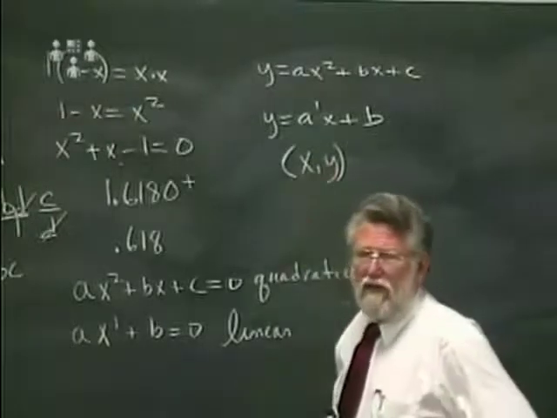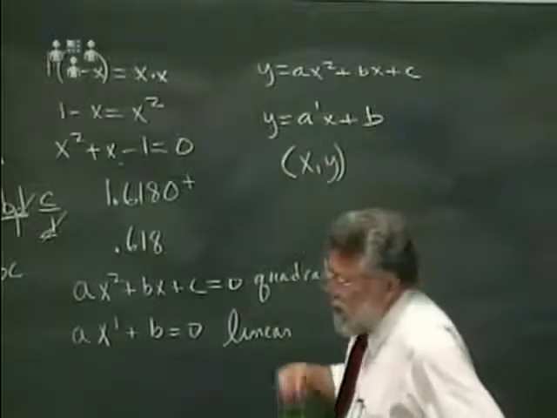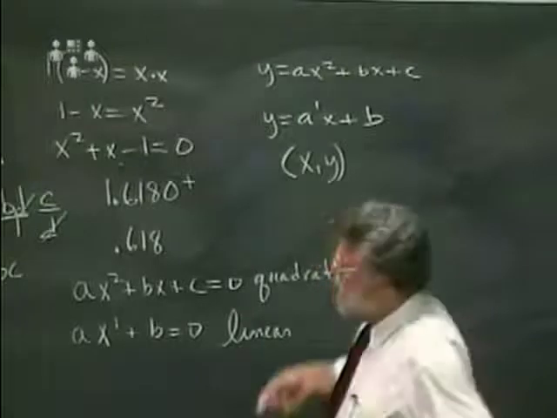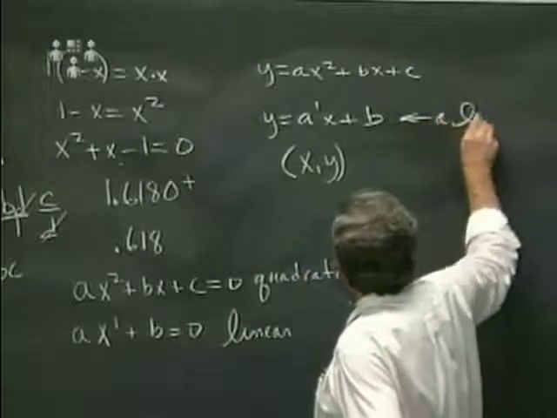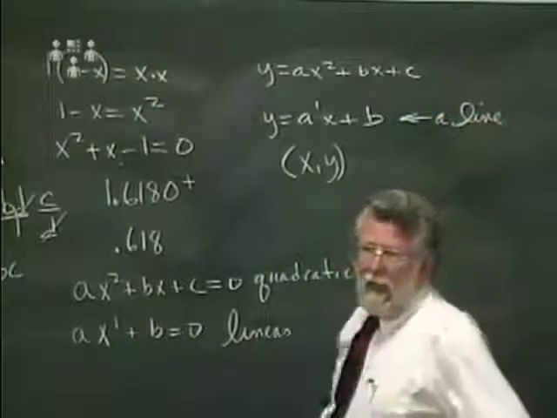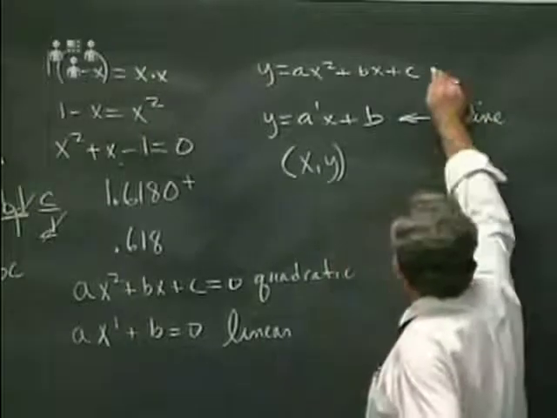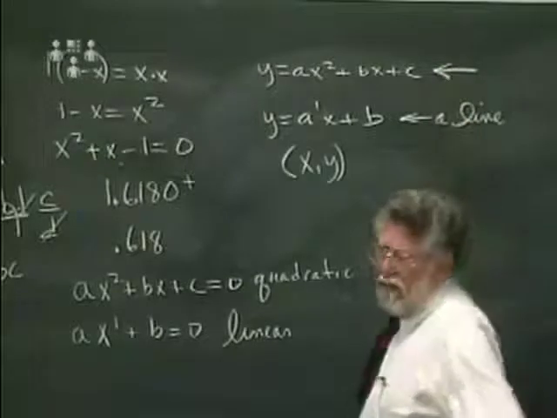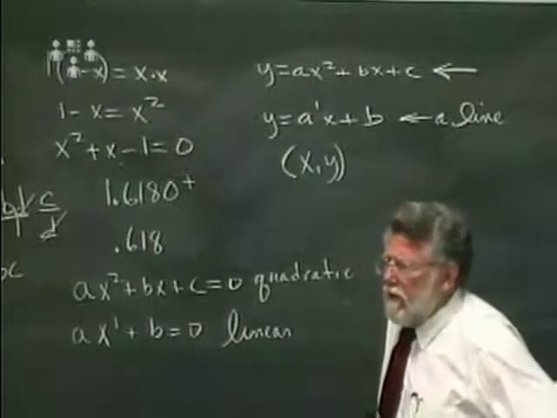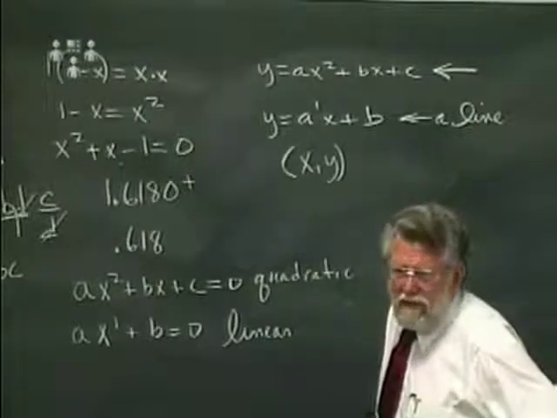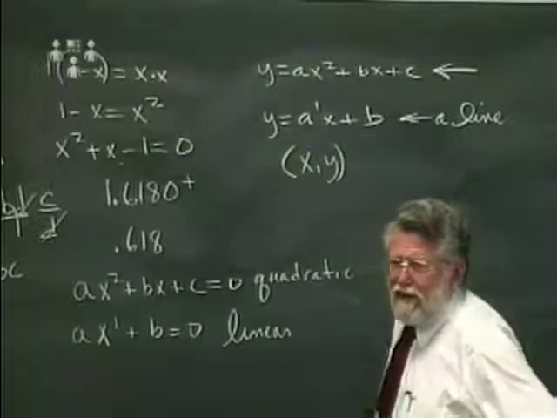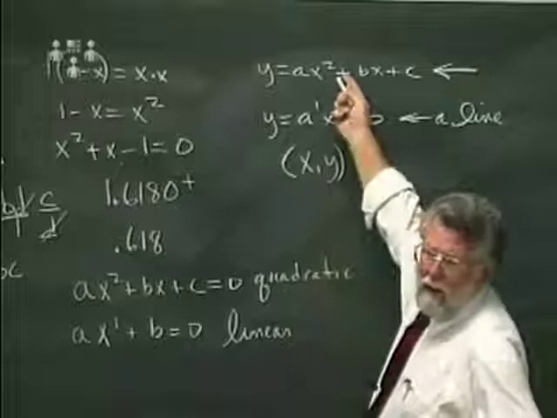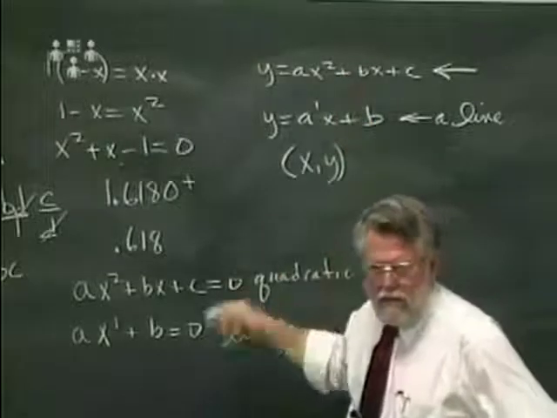So this is actually the equation of a line, and hence the name linear. So this gives you a line on a graph. This one up here, second degree, gives you a conic section. It gives you a parabola in this case. So this is actually going to be the equation of a parabola. And we talked about parabolas.